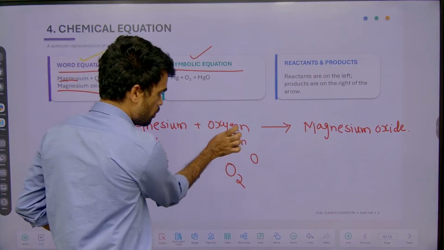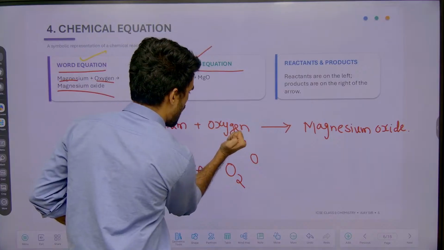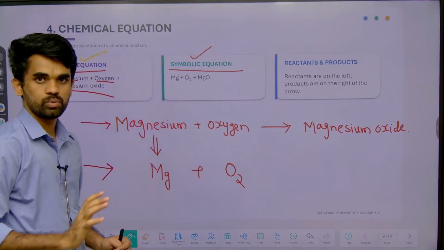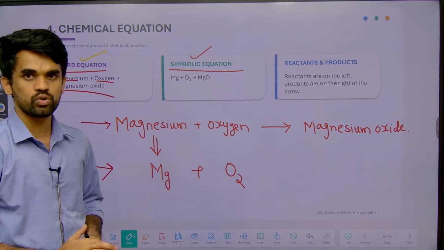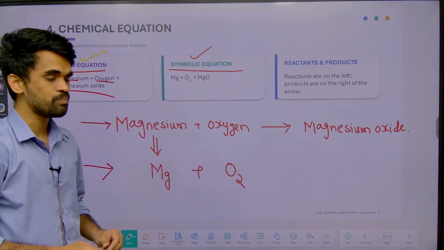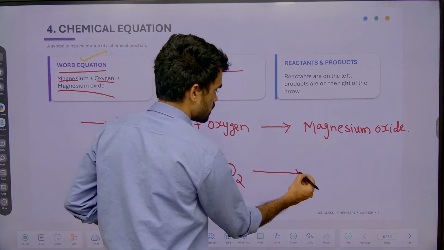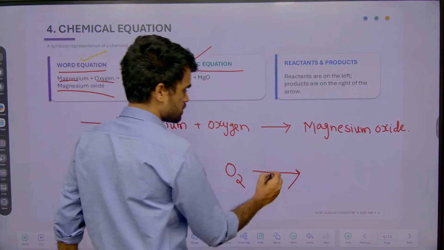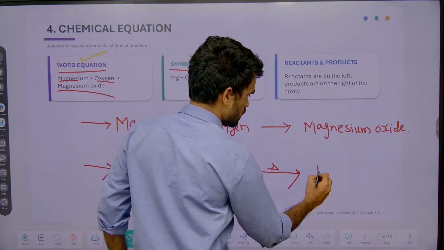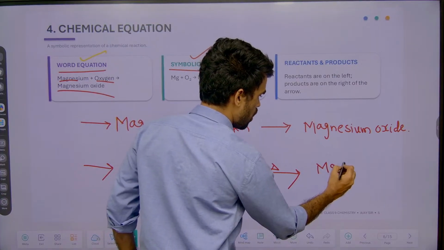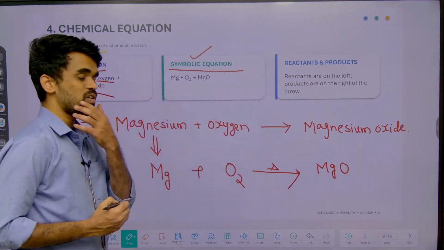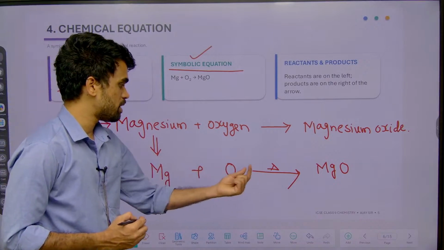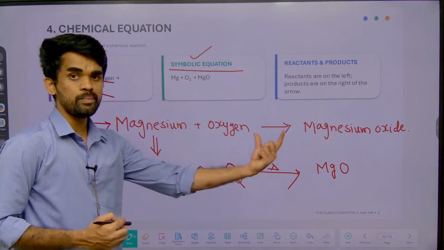If there is no mention of atom, then you should take it as O2, because in nature oxygen will be in the O2 format, right? So you should write O2. Then write the arrow mark. Magnesium and oxygen combine upon burning, so it gives you magnesium oxide.